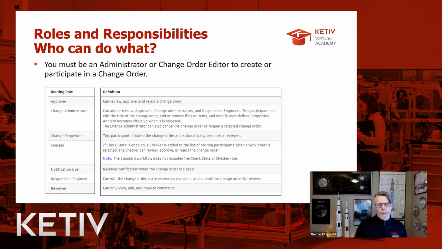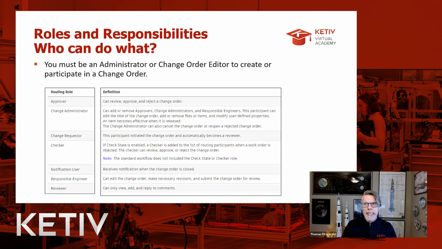So looking on the left-hand side of the slide, we have different routing roles: approvers, change administrators, change requesters, checkers, notification users, reviewers, and responsible engineers. And then, of course, the corresponding definition on the right-hand side. If I'm an approver, I can review, approve, and reject a change order, plain and simple. If I'm a change administrator, I can add and remove approvers, change administrators, or roles or responsible engineers.